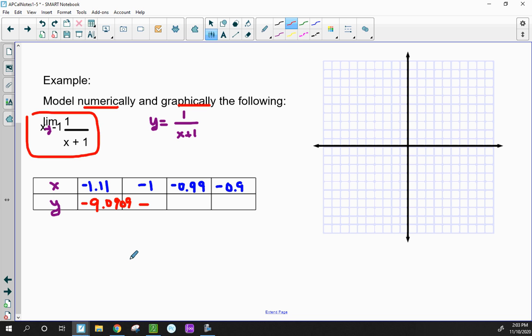Then we're going to move over here and try negative 0.99. Put that value in place of x. And I got 100 there. Okay, now I'm going to do the negative 0.9.